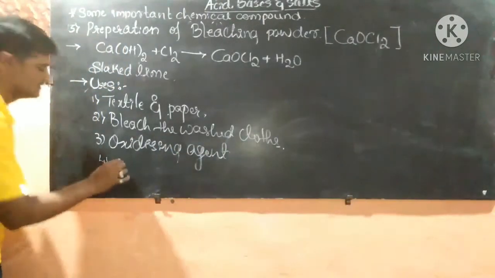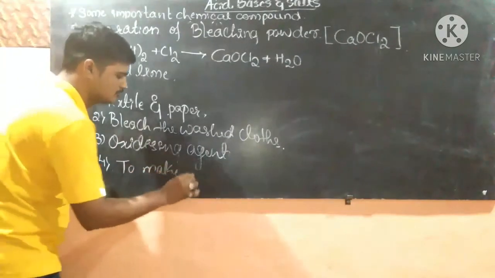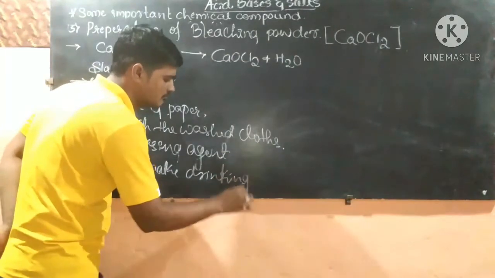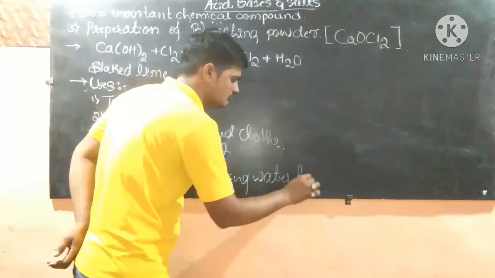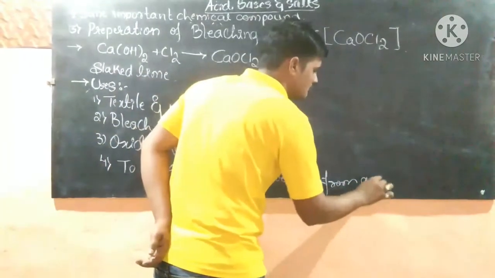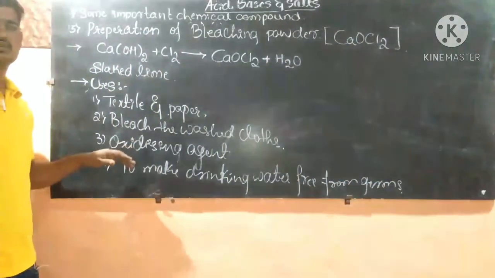And the fourth one, to make... So these are the uses of bleaching powder.